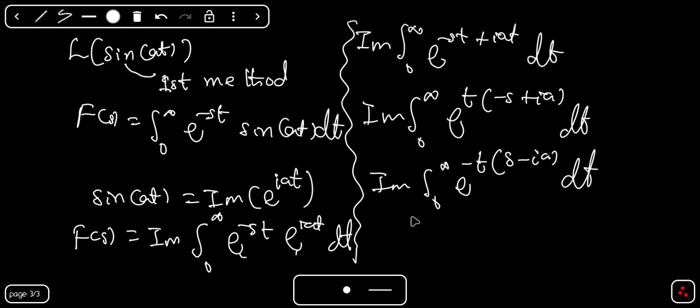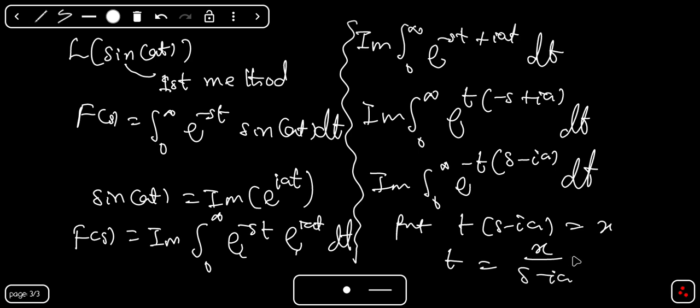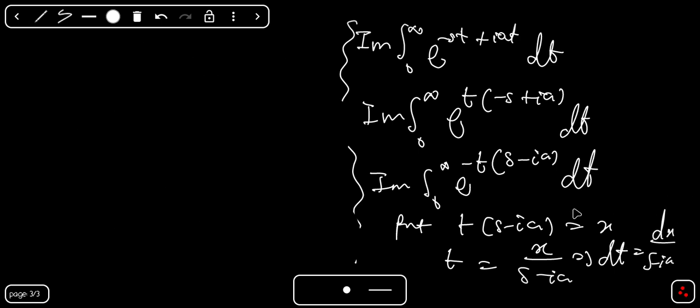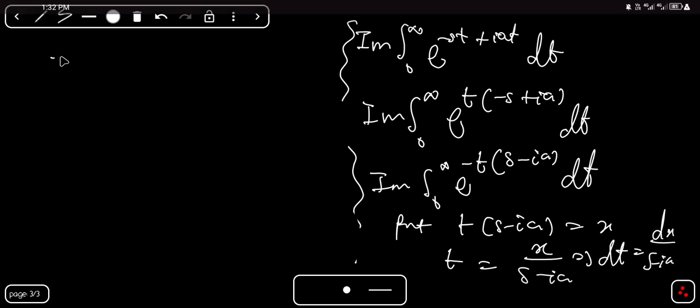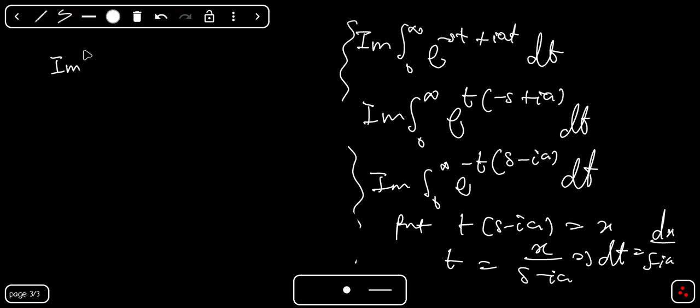Now let's make a substitution. Put t times bracket s minus ia to be equal to x. Then we have t equals x over s minus ia, and then dt equals dx over s minus ia. So we're going to have the imaginary part of the integral from 0 to infinity of e raised to the power of minus x.